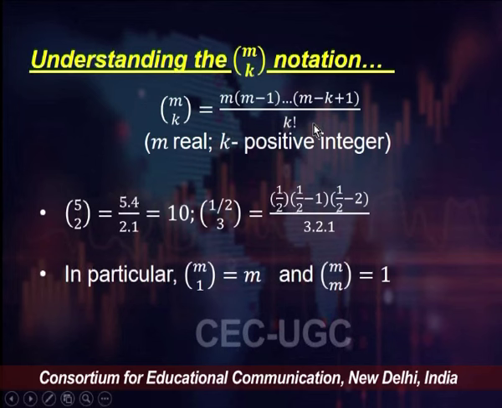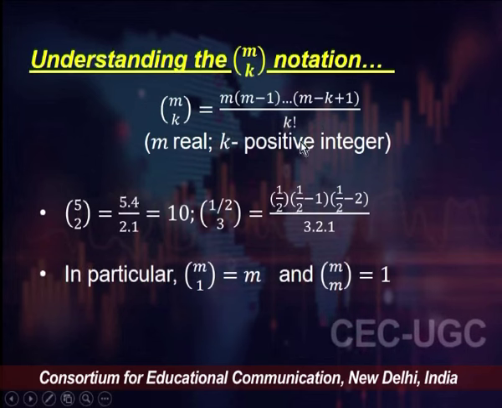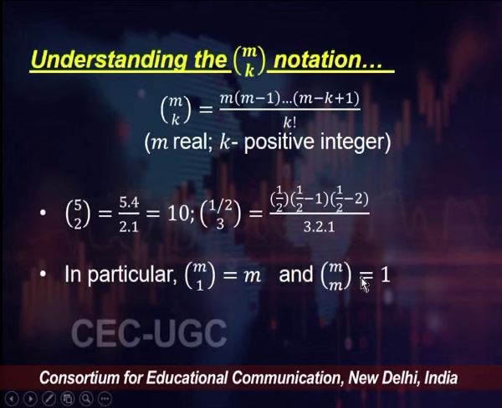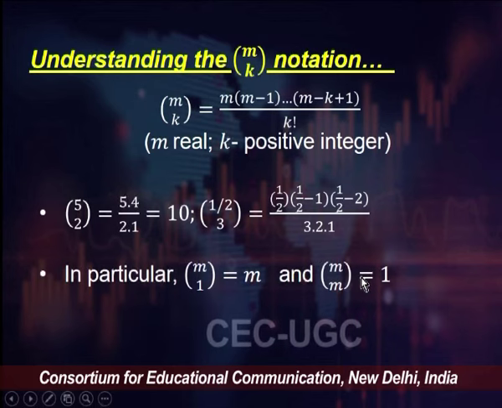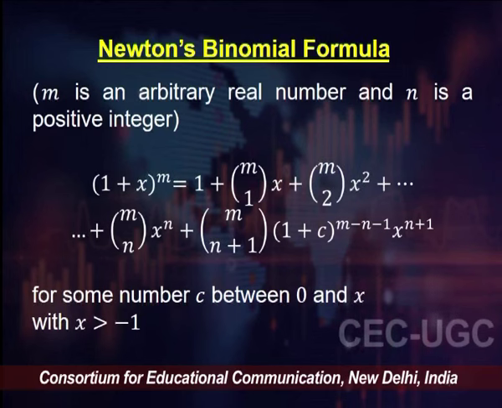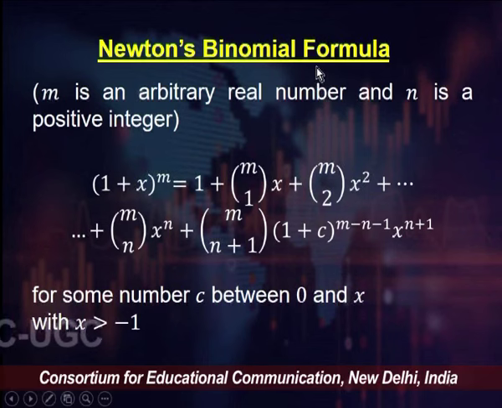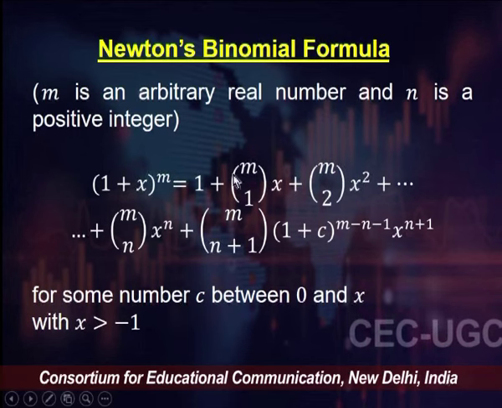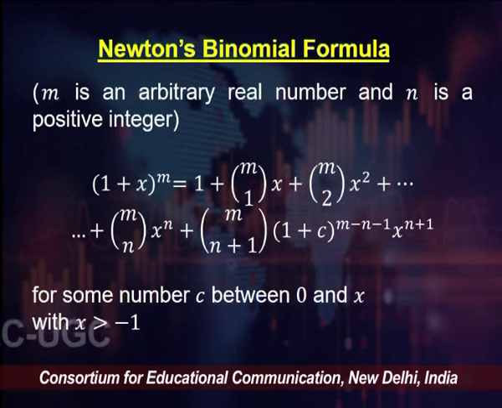So that's going to be m itself and 1 factorial in the denominator, so that's m, and then MCM is similarly 1, which will give you basically m factorial divided by m factorial. Now let's put this notation in our Taylor's formula. So this then gives us a Newton's binomial formula once we write the Taylor's formula in this format, where m is any arbitrary real number and n is a positive integer.